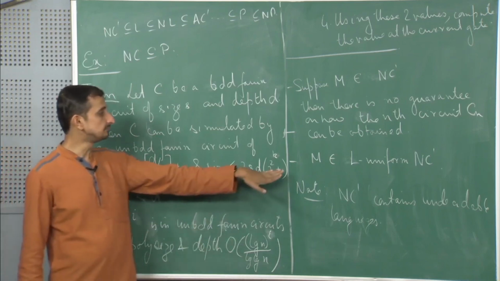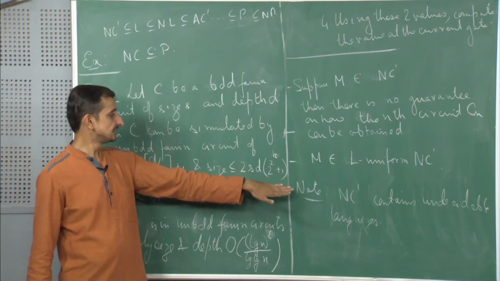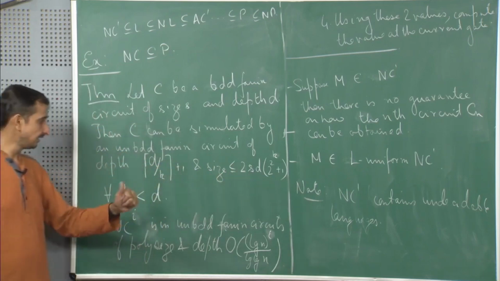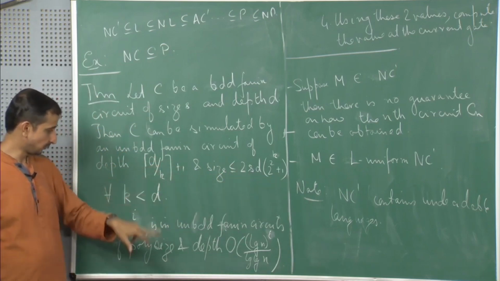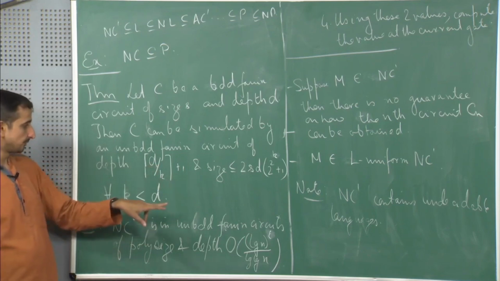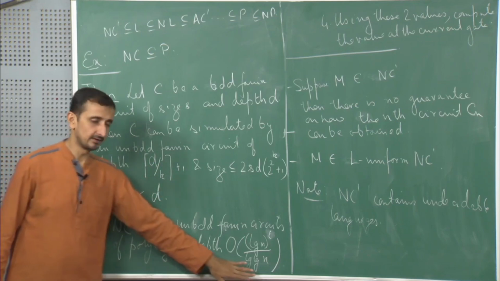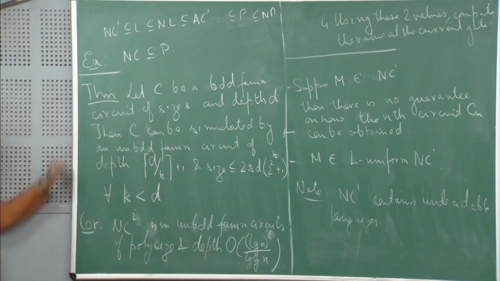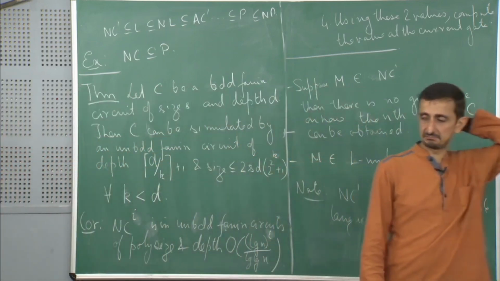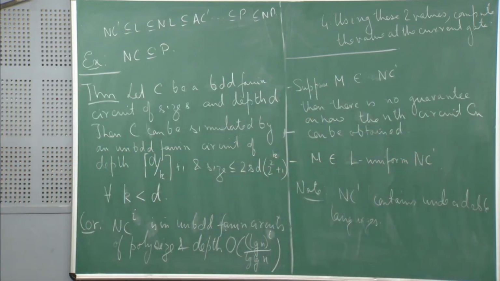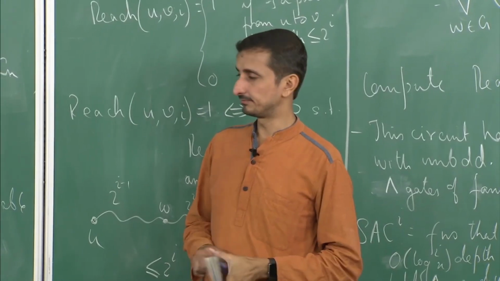The reason I need to choose k to be log n is because I need the size to be polynomial, and now D, which originally was log n to the power i, gets divided by k, which is log n, which is exactly what I get. The proof is actually quite easy, but we will see this next time. Okay, so I will stop here.